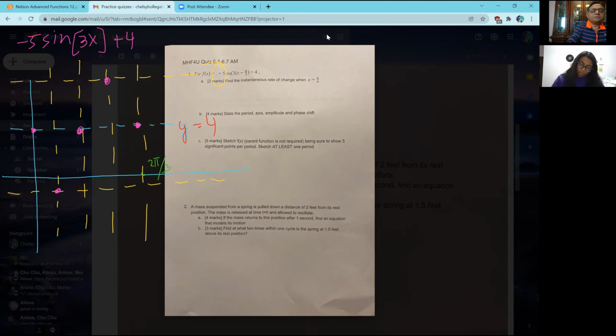Is it okay? And half of that is pi by 6, correct? So if you add 1 pi by 6, 2 pi by 6, 3 pi by 6. So 3 pi by 6 will mean pi by 2, correct? So that becomes your scale.